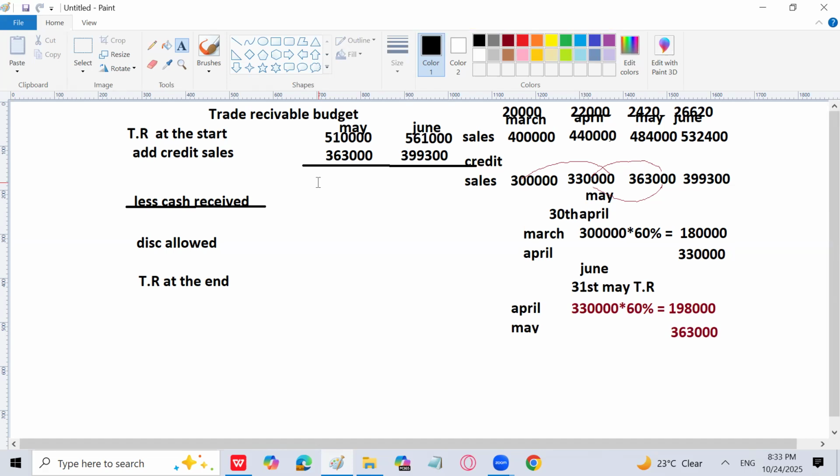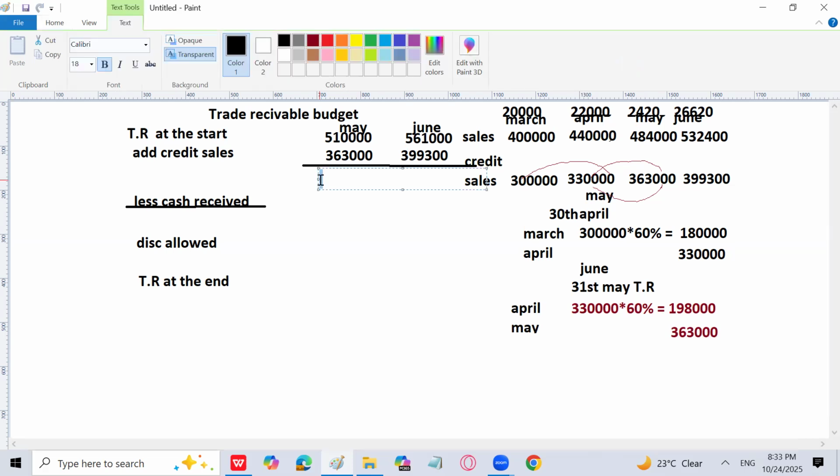Now let's go for the total of this. That is going to be 8,73,000. And here I have to calculate the total now. I don't have it. Can you please tell me the total? 960,300. Please check it out if I'm not wrong.